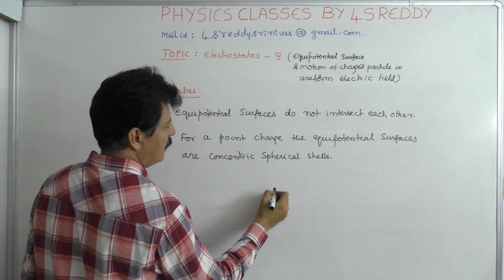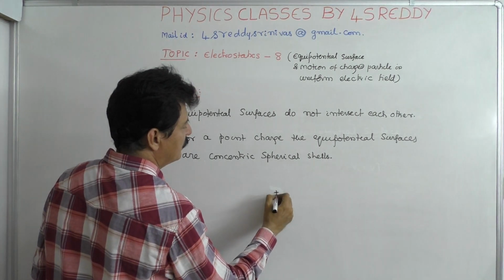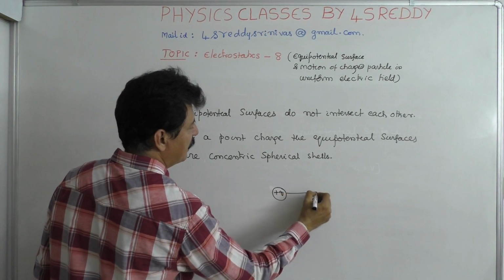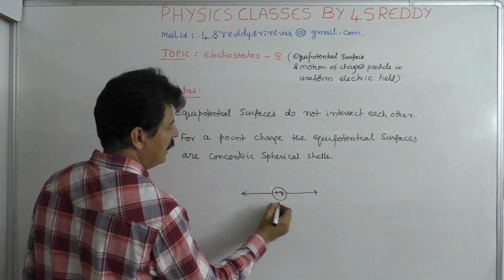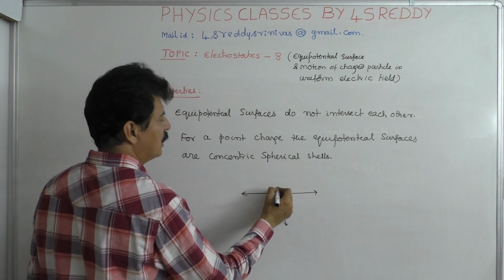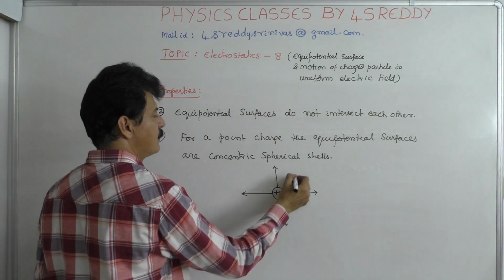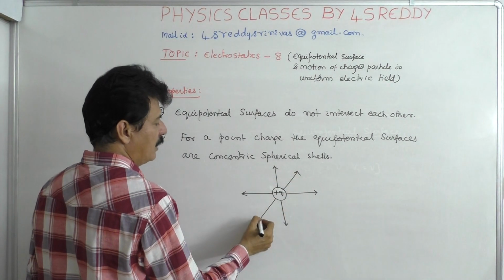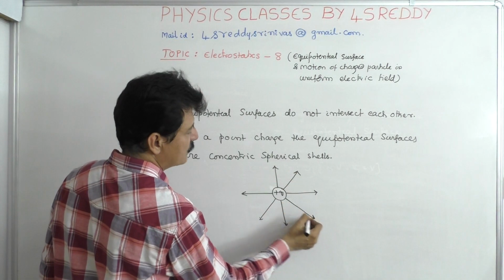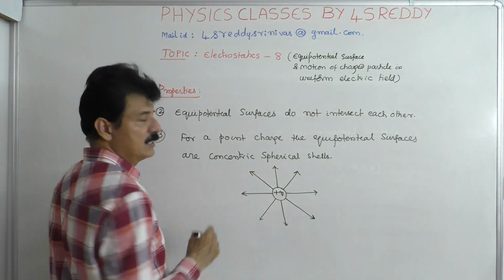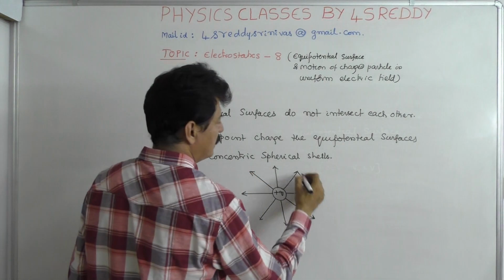Suppose this is a point charge plus q. If the charge is plus q, then all these are the electric lines of force, which are like this. All the electric lines of force diverge from the point charge.